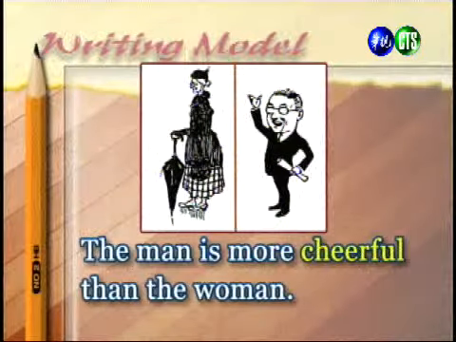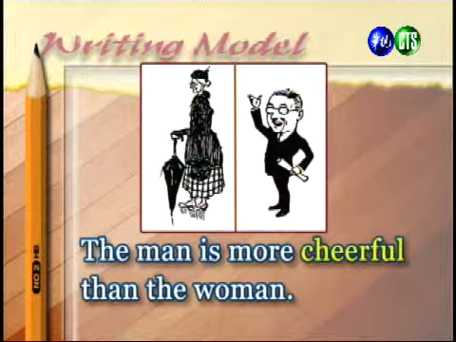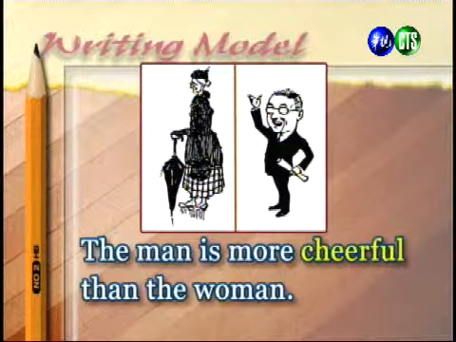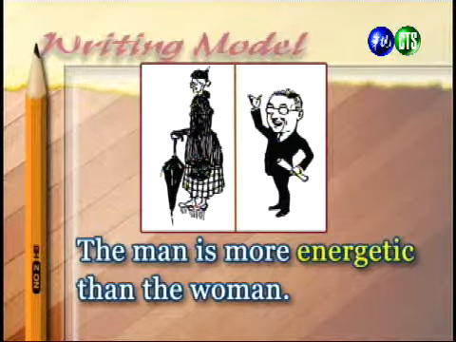All right, let's take a look at some sentences that we can make about these two pictures. One sentence that we can write is, the man is more cheerful than the woman. The man is also more energetic than the woman.